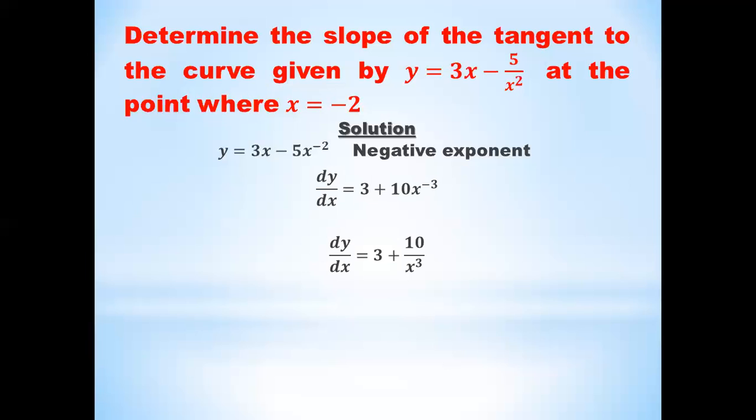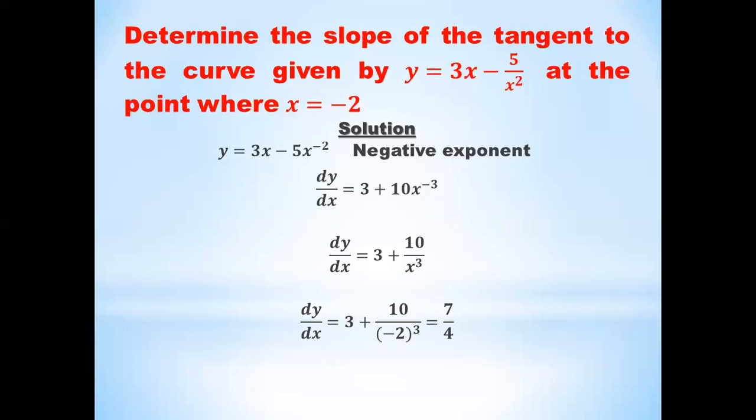But when we are working, to make it very easy, we have to convert or reverse the negative exponent back into a positive exponent. I said that in our previous lesson during the rules of differentiation. So it becomes 3 plus 10 over x to the power of 3. Now we've got the derivative.